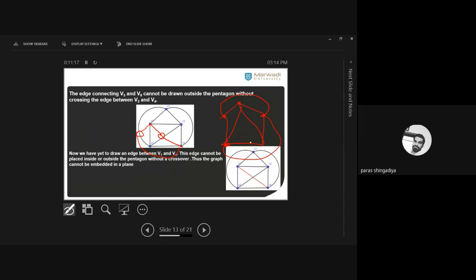Yes, very good. Because one vertex is removed, 4 remain, and the 4 edges attached to it are also removed. K4 has 4 vertices with 6 edges. Clear? So it is K4, and K4 is easily embedded in planar form.